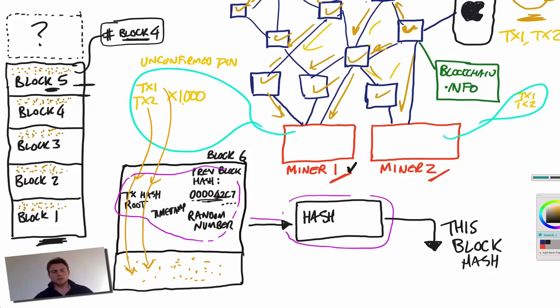Then they take the transaction pool, effectively all the transactions that they've been collecting since the last block was announced, right? The new transactions that were not included in block 5, that have not yet been confirmed, they keep in a pool. And they take all these outstanding transactions and create a hash representation of them.